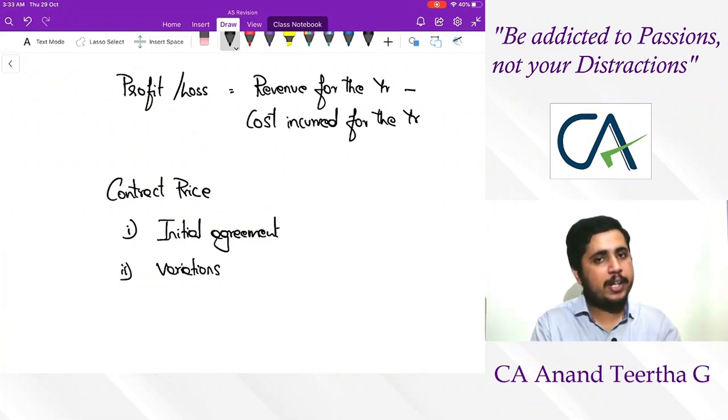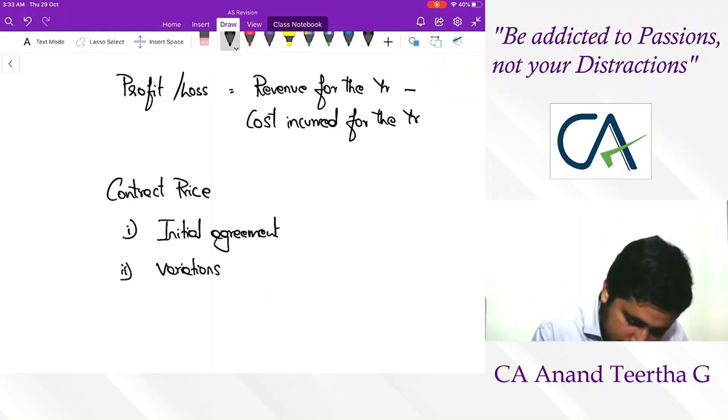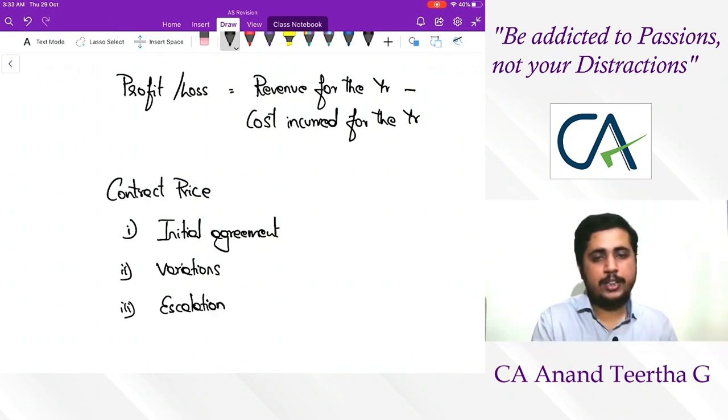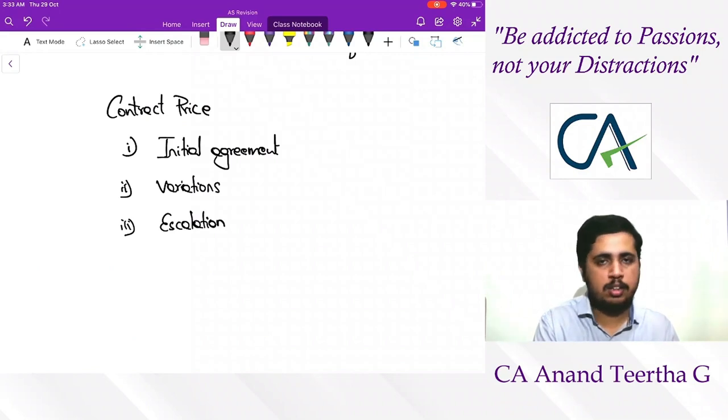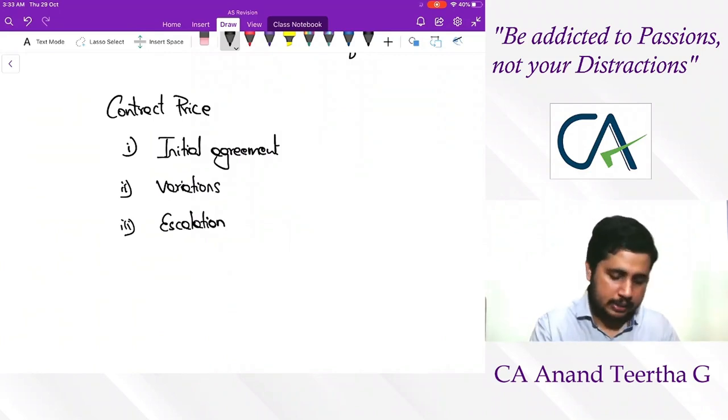At that time the price will fluctuate, so those variations will be considered. Third, if there is any escalation clause. As I've already told you, in a fixed price contract there is a chance that the contractor might include an escalation clause. If he includes it, he will increase the price of the contract, so that will be considered.